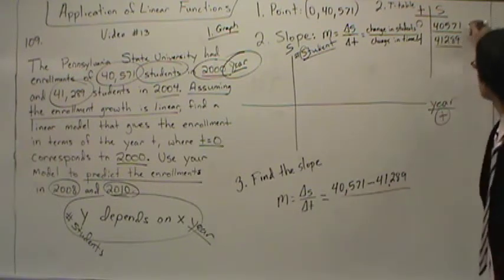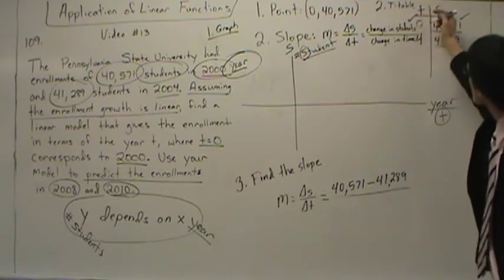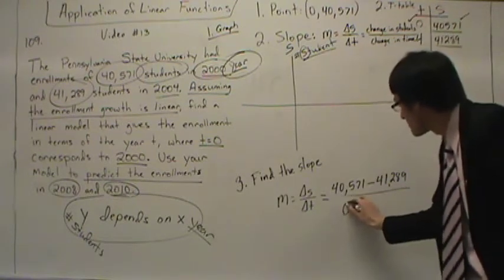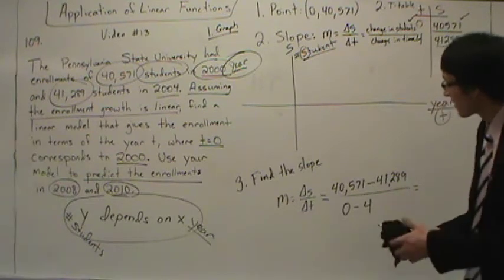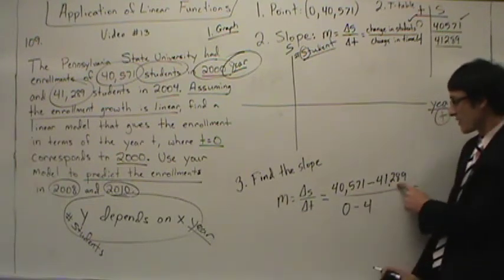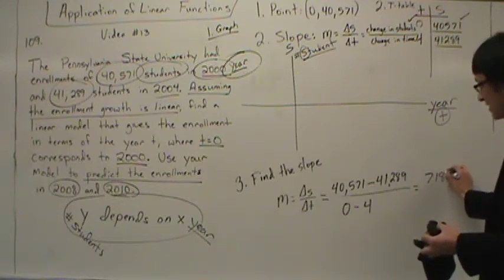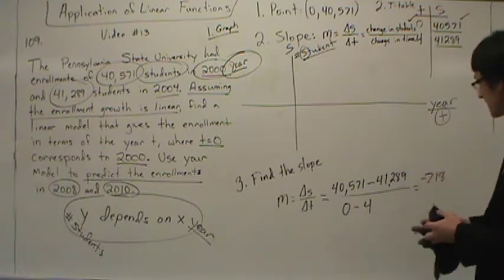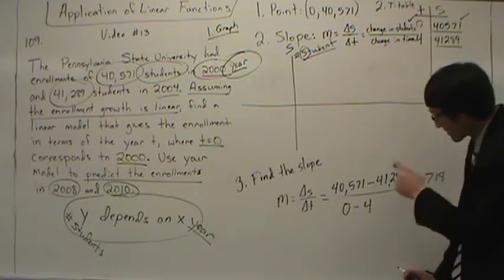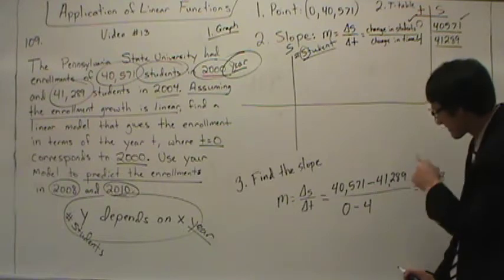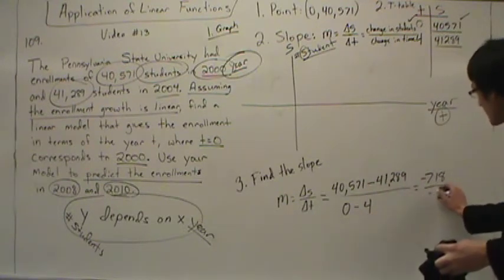And notice, we started with the 40,000 for the students, so we have to start with 0 for our year. On our year, we're going to do 0, subtract 4. Now, on top, 40,571 subtract 41,289 is negative 718, and 0 minus 4 is -4.